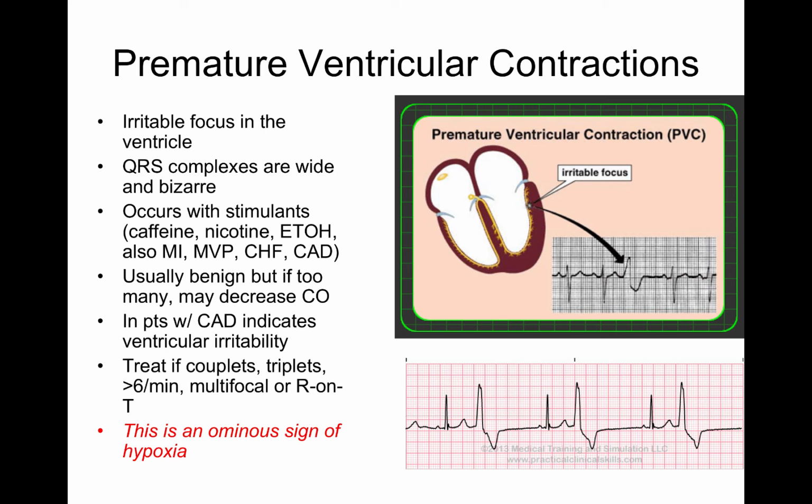When we have PVCs, or premature ventricular contractions, we get concerned. What we get concerned about is that now the ventricles are getting thirsty. They're getting hungry for oxygen, and there's an irritable focus in here. Typically, if we see a lot of PVCs, the first thing you want to do is look at the person's baseline and see if they're having any hypoxic event.